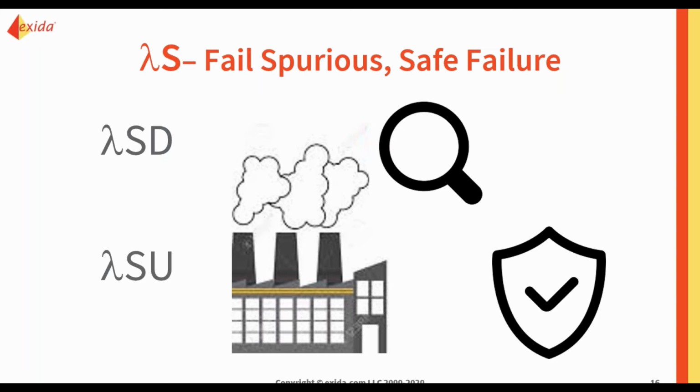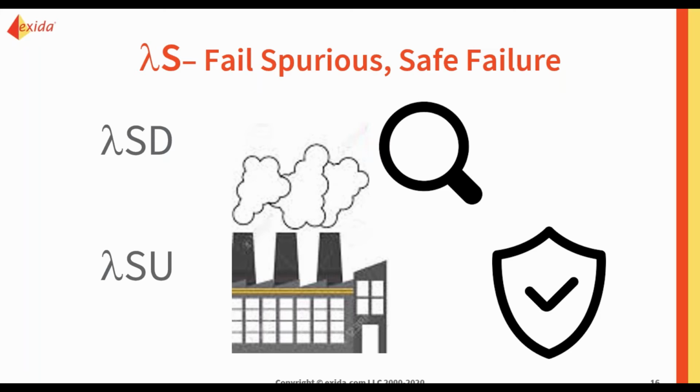Did not need to be done, but you're still shut down. So if you think about it, those safe undetected failures are a much bigger deal than those safe detected failures. At least if you're detecting it from internal diagnostics, you have the opportunity to make the correction possibly before a shutdown would occur.